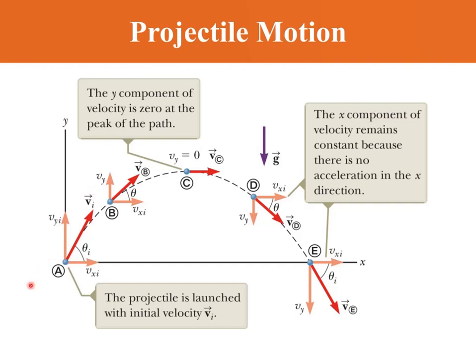So gravity is basically an acceleration in the y-axis. This g is basically ay, acceleration in the y-axis, which will change the velocity. Acceleration is the rate of change of velocity, right?